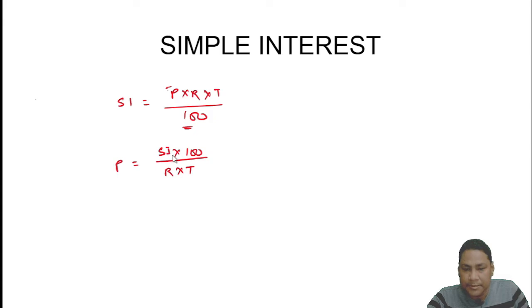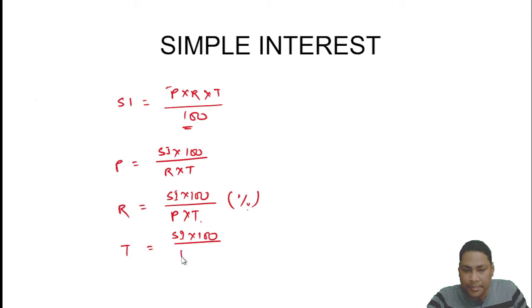Now the rate of interest will become simple interest multiplied by 100 divided by principal into time, and this will be in percentage. Next is time. Time will become simple interest multiplied by 100 divided by principal into rate of interest. And next is amount. Amount means principal plus interest.